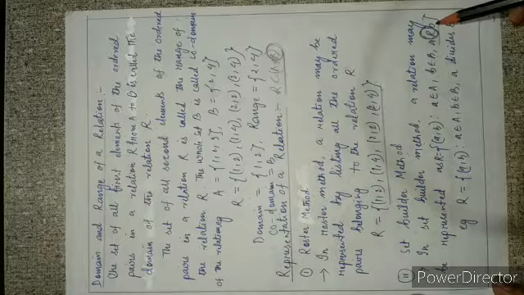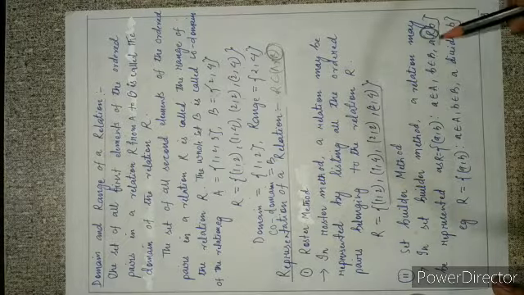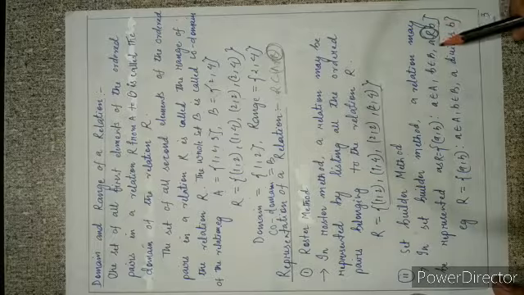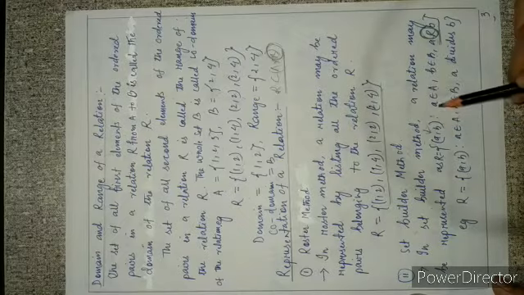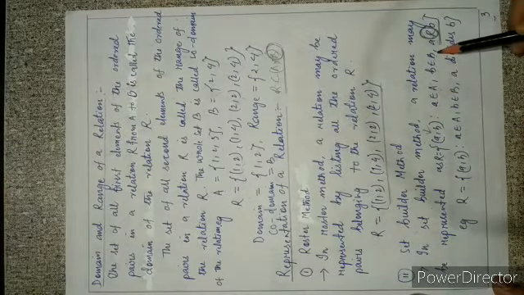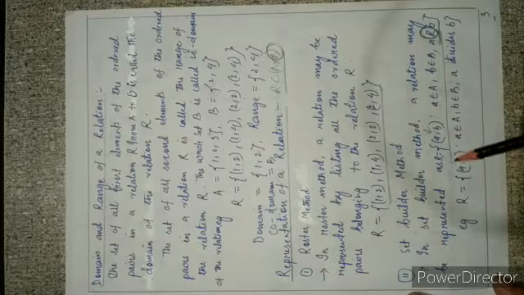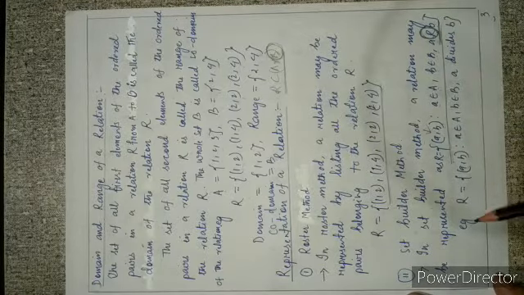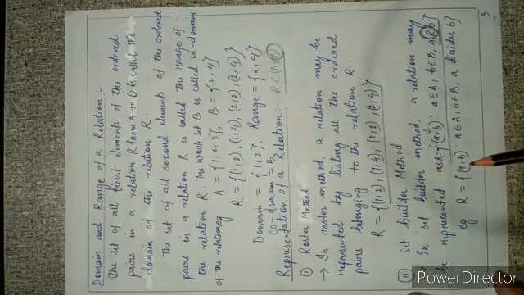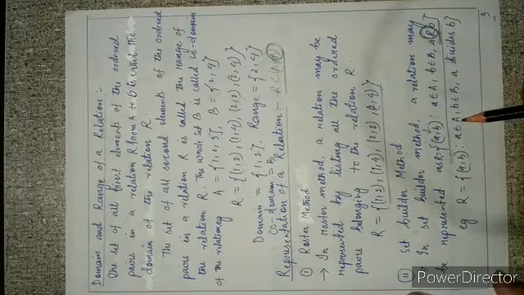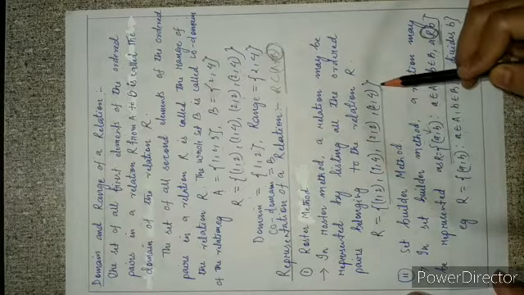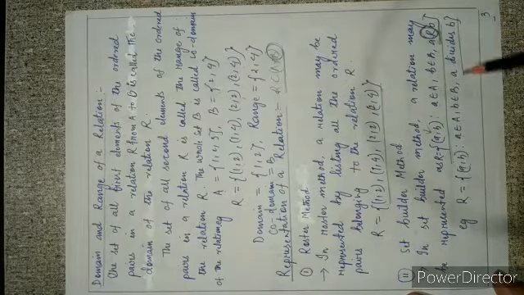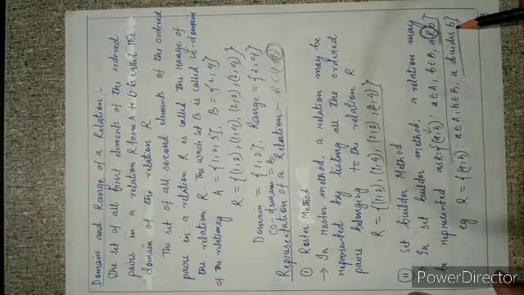A is related to B means there is some relation between A and B. The relation must satisfy the ordered pairs where the first component belongs to set A and the second component belongs to set B. For example, R containing ordered pairs (a, b), a belongs to set A, b belongs to set B, and (1, 2), (1, 4), (2, 2), (2, 4) with the relation a divides b. a divides b means the first component divides the second component.